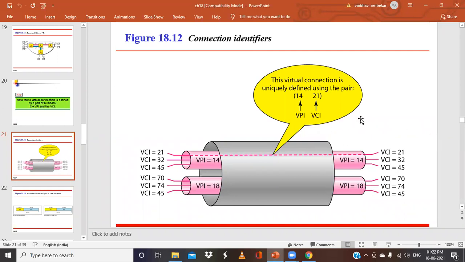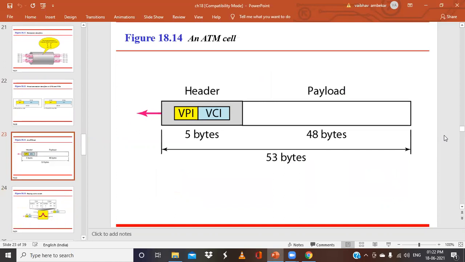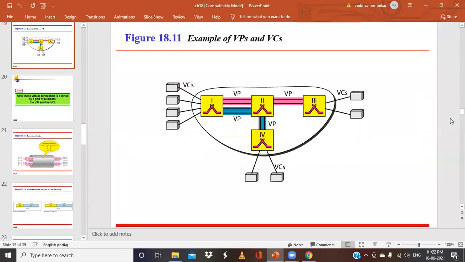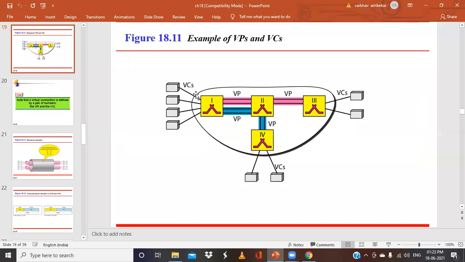VPI and VCI are included as the header information for the cell, because the cell should have this information when we are transferring it. Say the VCI is 21, then the virtual path is 14.